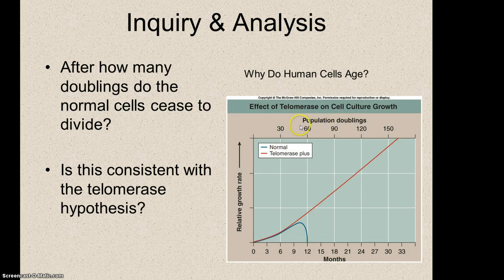So if we look at the population doublings, the number of times a population can double in a cell culture, cell tissue culture, what we see is that at about 50 doublings, the cells just die. Telomerase is causing the divisions. What we think is happening is that when we look at DNA and look at it as it is replicating, there seems to be a tail on the end of it.